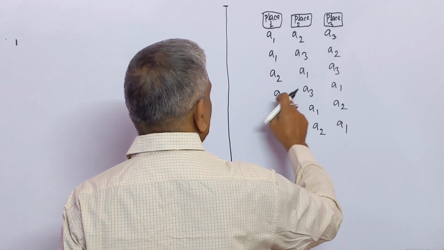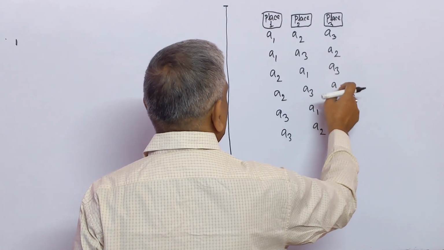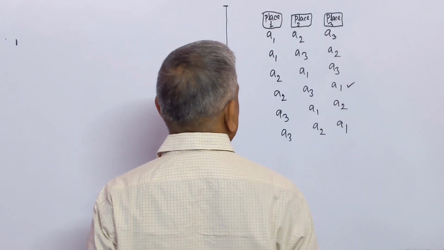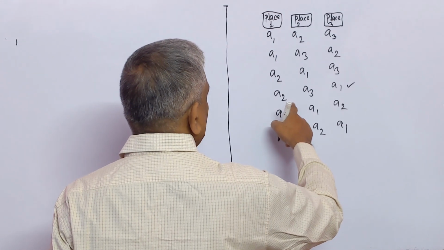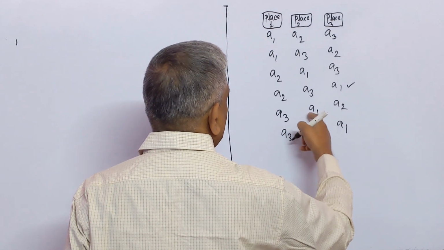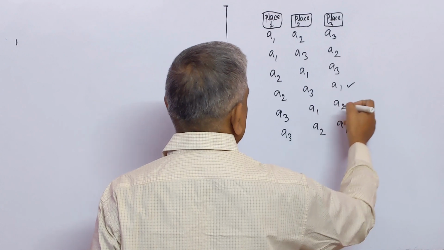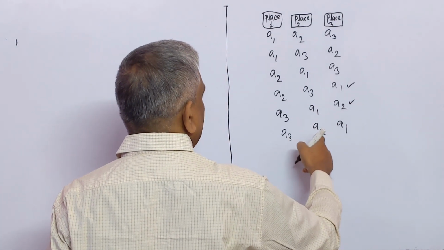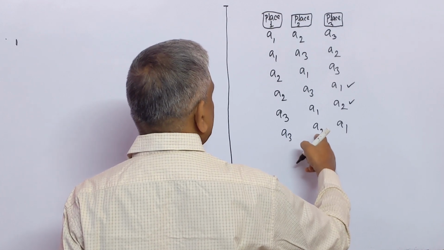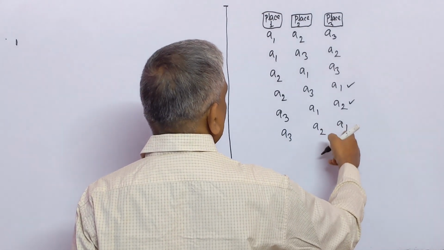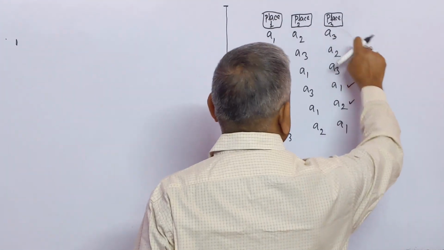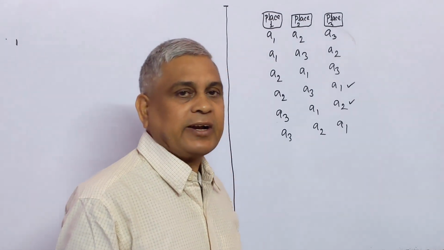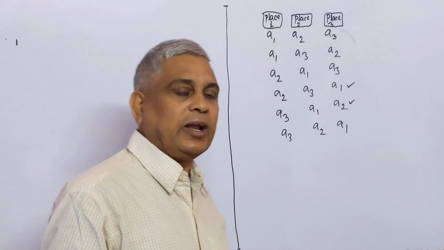In the fourth permutation, we see that no object is in its original place, so we take this. Here also no object is in its original place, so we take this. Here A2 is in its original place, so we do not consider this. We do not consider all those permutations in which at least one object is in its original place.